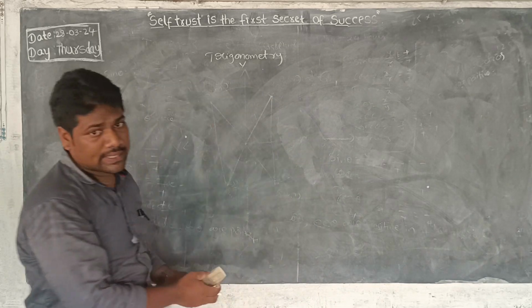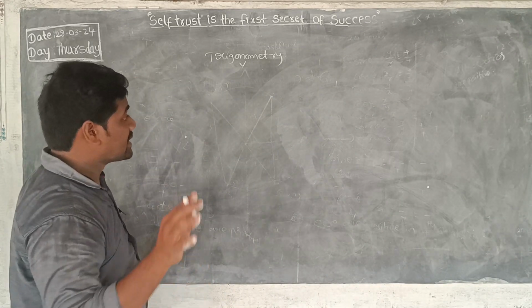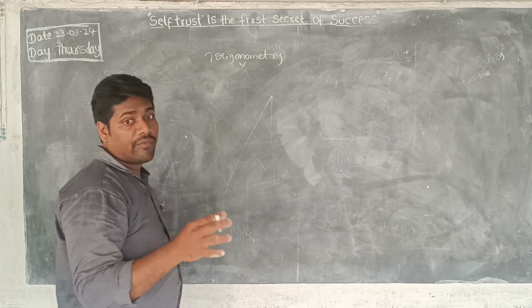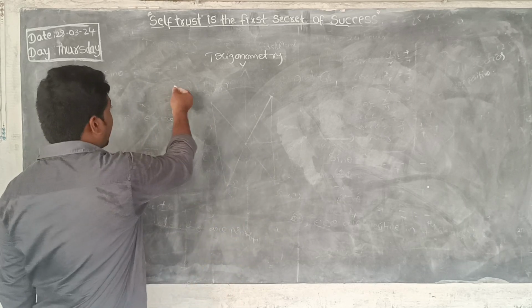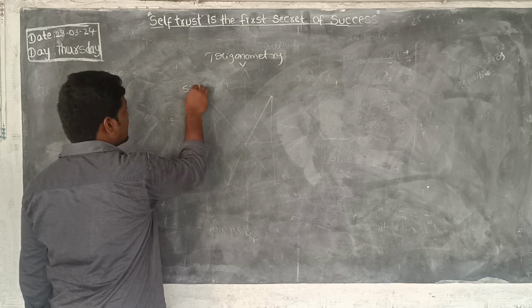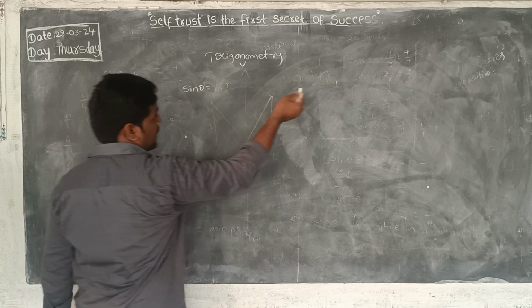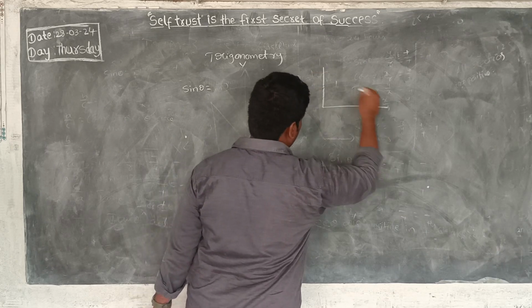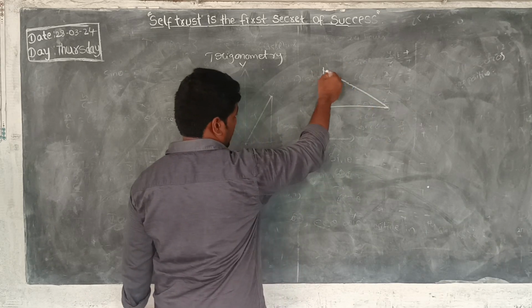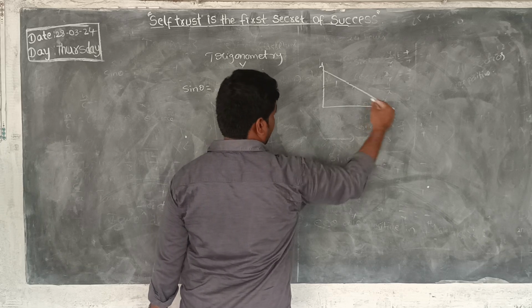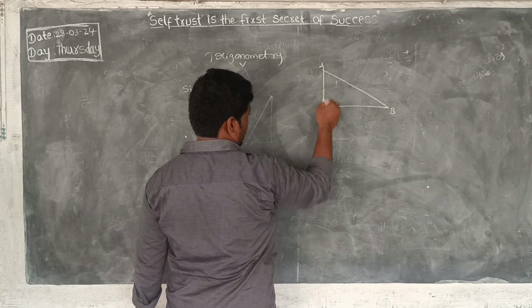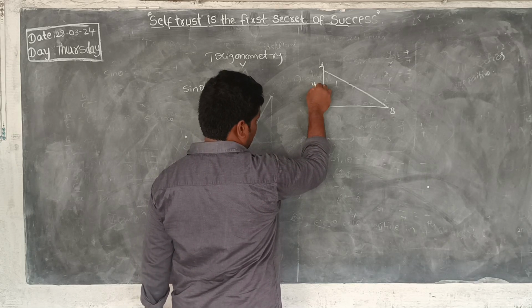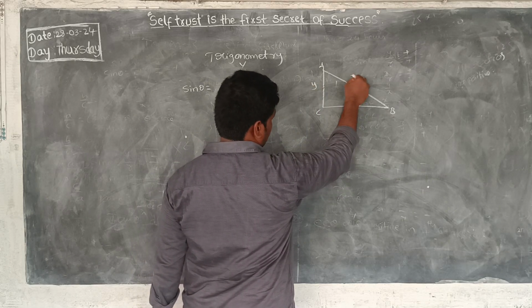And one more thing we have to discuss is when these trigonometric ratios will be defined and when they won't be defined. So I am taking sin theta. If I take a right angle triangle ABC, where this is y, x, and this is r.